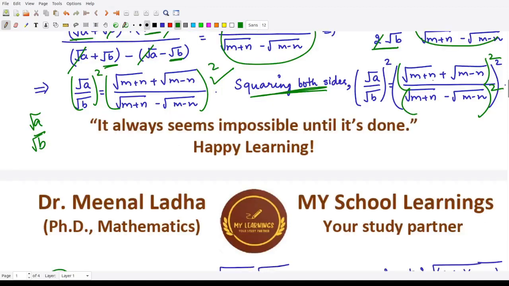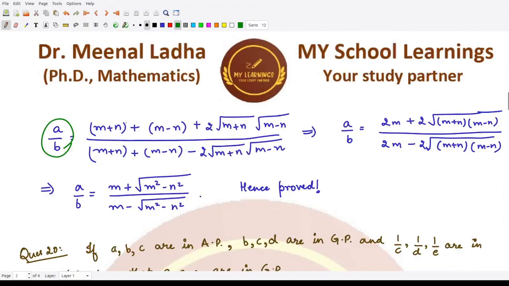So how can you do it? In the numerator, you have the square of the first term plus the square of the second term plus 2 times the first term and the second term. Similarly, in the denominator, the square of the first term plus the square of the second term minus 2 times the first term and the second term.